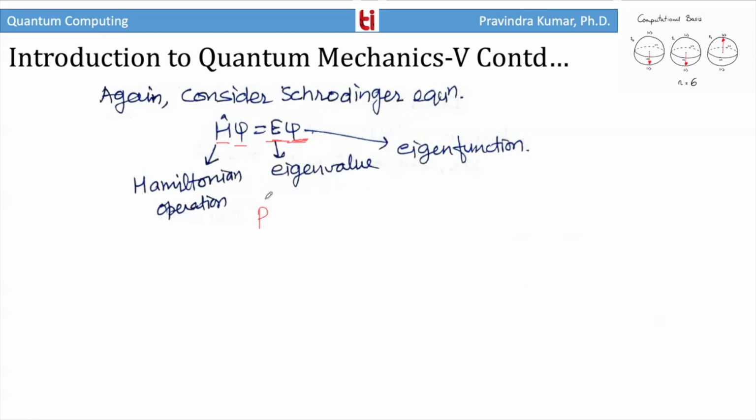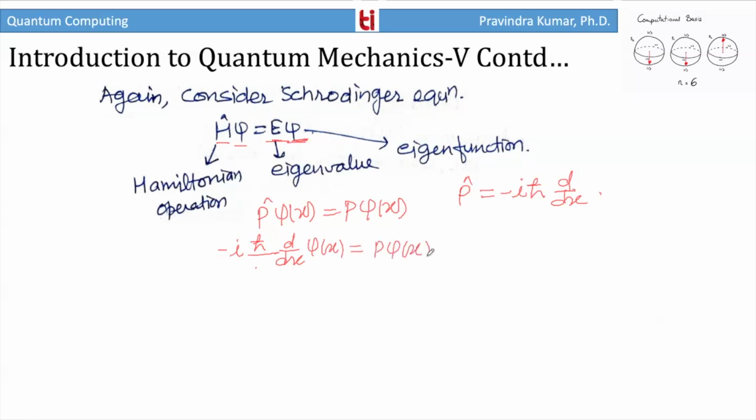Like the Schrodinger equation, another example is the momentum operator. The momentum operator P acting on the wave function psi(x) is equal to p psi(x), and the momentum operator P is equal to minus i h bar d by dx. So I can write minus i h bar d by dx psi(x) equal to p psi(x). Here the wave function psi(x) can be represented as A e to the power i p x by h bar, a plane wave or eigenstate.